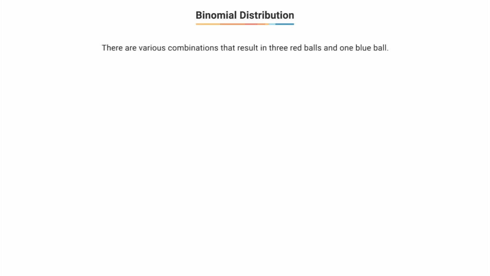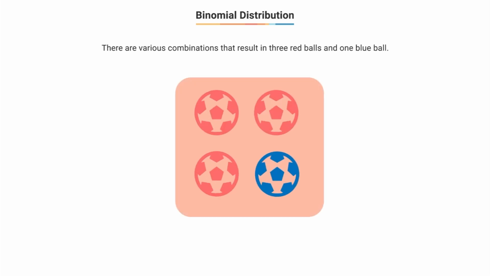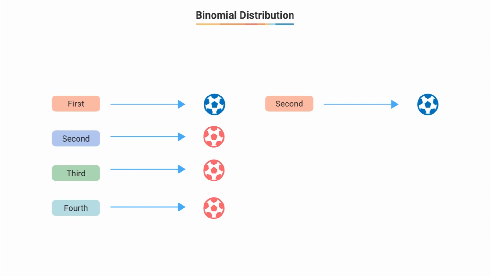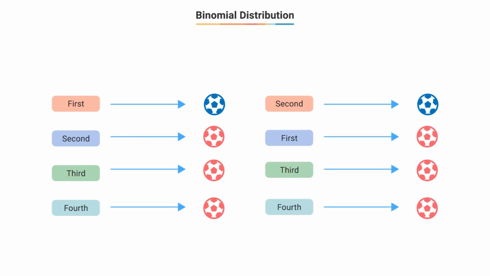Similarly, there are various combinations in which we can get 3 red balls and 1 blue ball. Here the first ball was blue followed by 3 red balls, but we can also have a combination where the second ball is blue and the first, third and fourth balls are red, and so on.